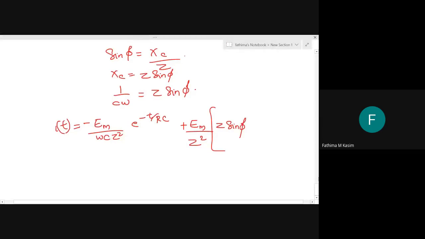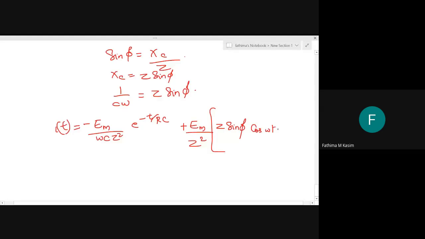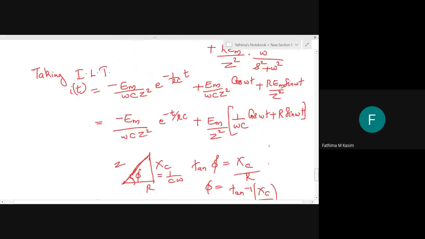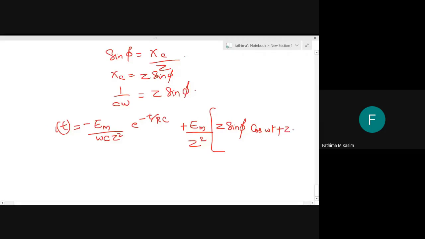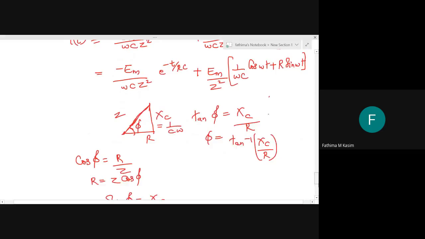So Z sin phi cos omega t plus R, which is Z cos phi. So Z cos phi sin omega t.